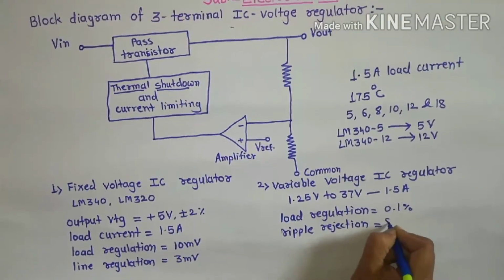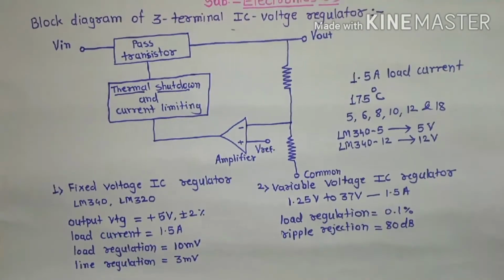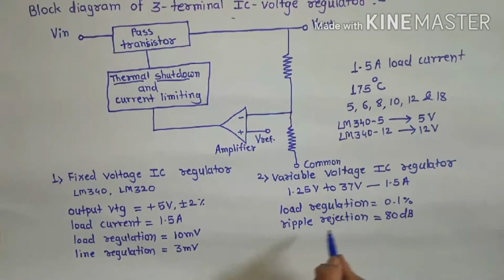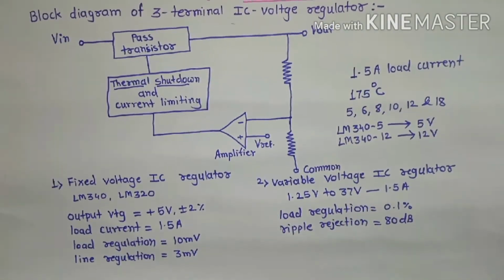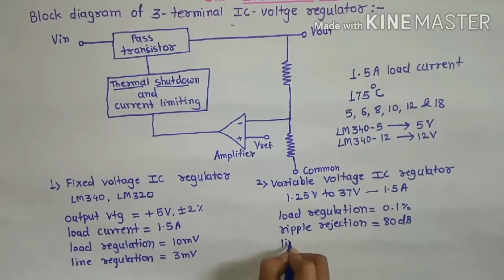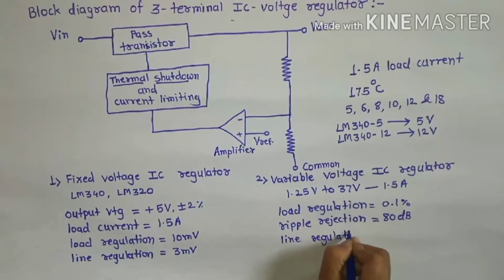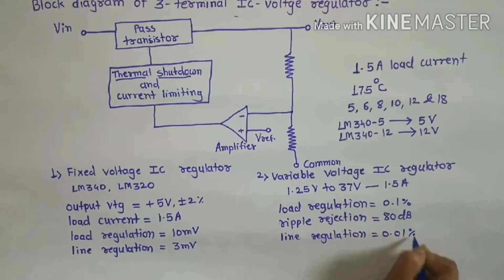The ripple rejection is 80 dB, that is decibels. Ripples are unwanted AC components, and the ripple rejection for the variable voltage regulator is 80 dB, and the line regulation is 0.01%.